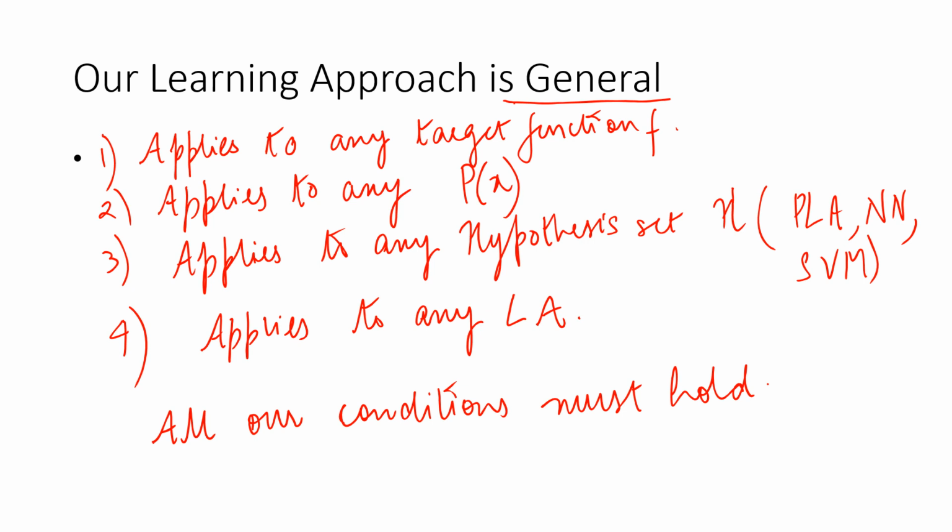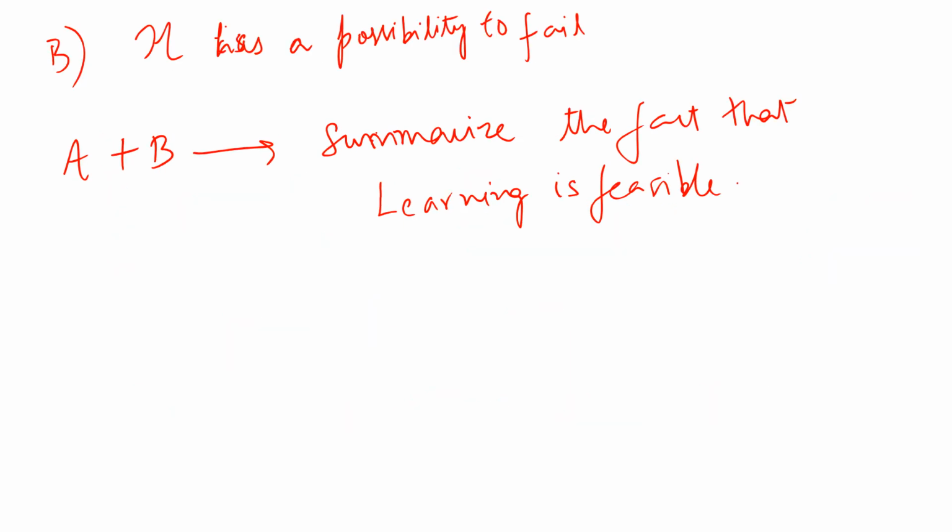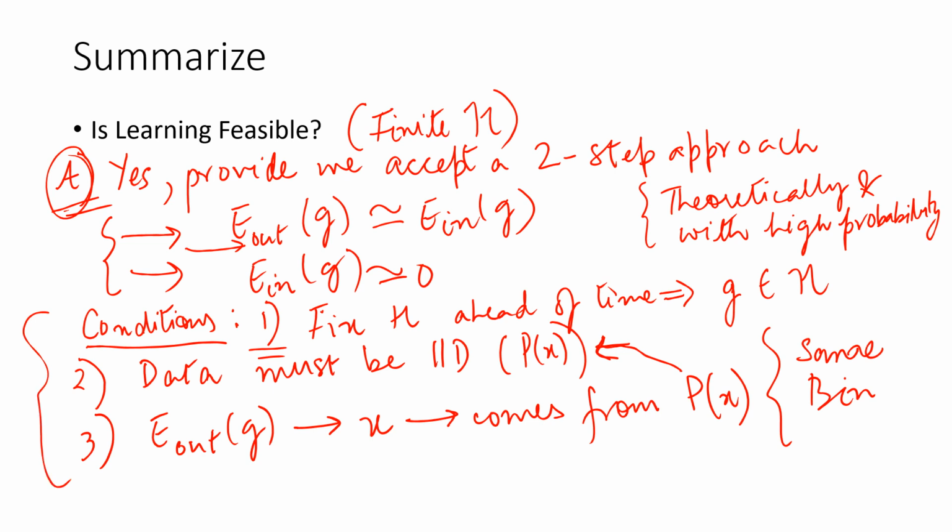It applies to any target function, any probability distribution, any hypothesis set, any learning algorithm. All conditions, and by conditions, I mean these three conditions: fixed hypotheses ahead of time, data must be IID, and the training and the test must come from the same distribution. Basically the idea of the same bin, as I said.